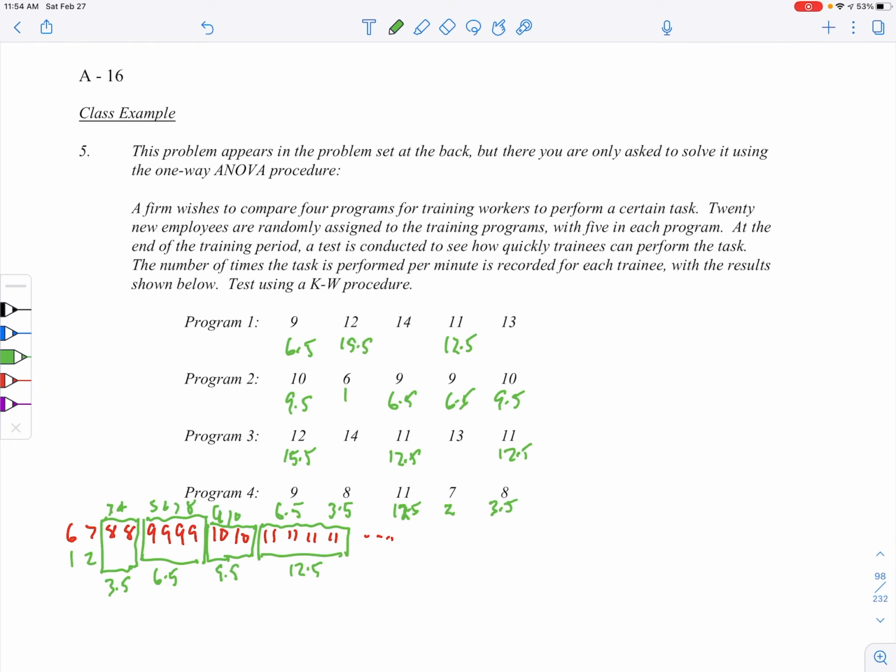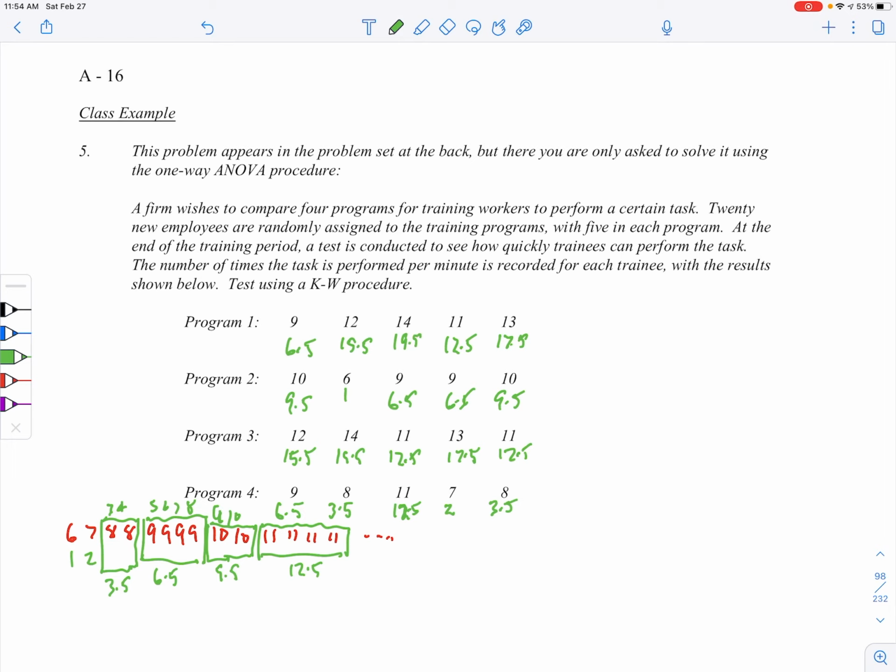Then we're up to the 17th and 18th numbers because there's two 13s. So they're going to be 17.5s. And then we're up to 19 and 20, and those are the two 14s. So 19.5 is the average rank of those.